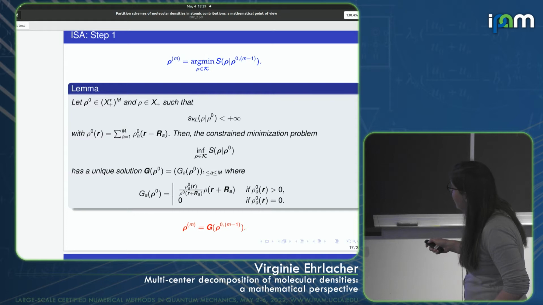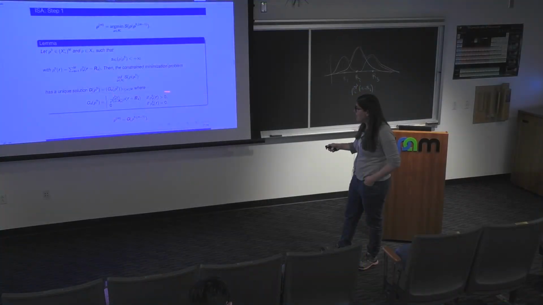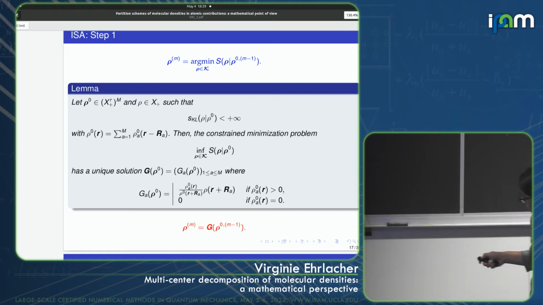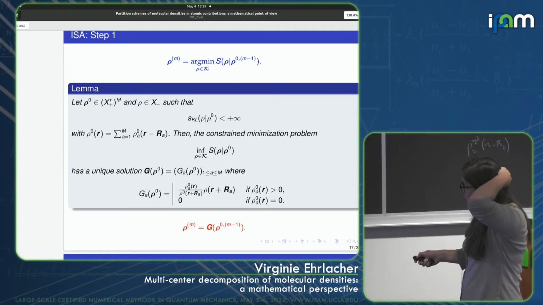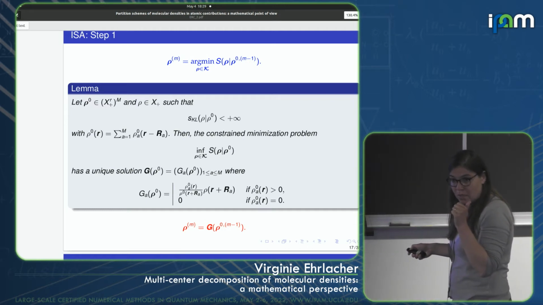If you fix rho 0, the optimal rho solution of this problem reads as follows. I will denote it in the following by G of rho 0, and its component associated to atom A is given by the following formula. G_A of rho 0 is given, if rho 0 of r is non-zero, by this formula here: rho 0 of r divided by rho 0 of r plus R_A, times rho of r plus R_A. Rho is my original molecular electronic density.